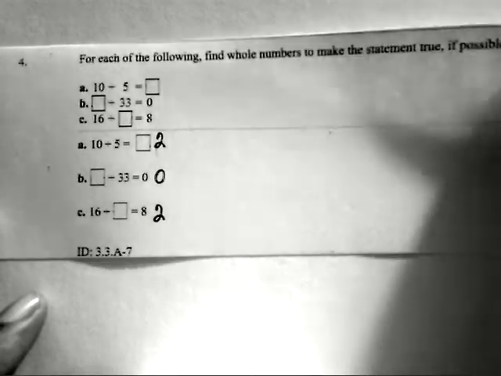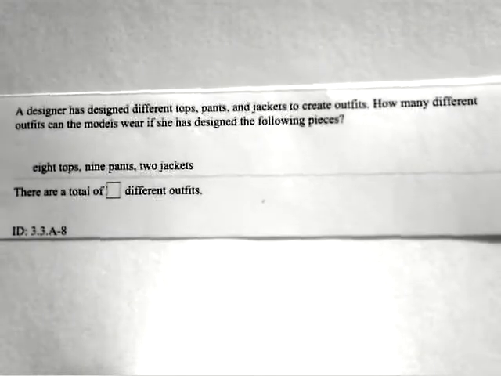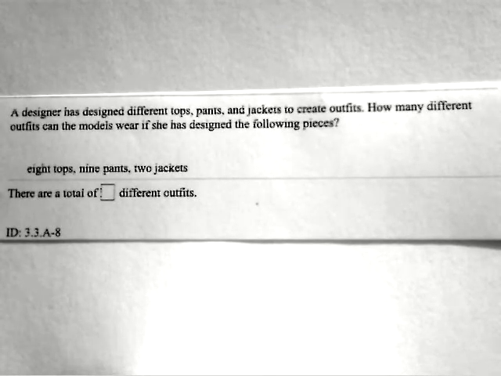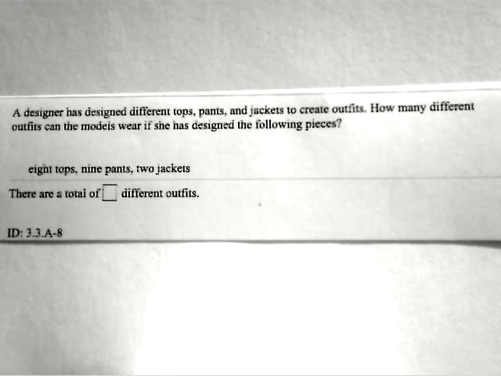Okay. All right, let's look at the next problem. A designer has designed different tops, pants, and jackets to create outfits. How many different outfits can the models wear if she has designed the following pieces? 8 tops, 9 pants, 2 jackets.